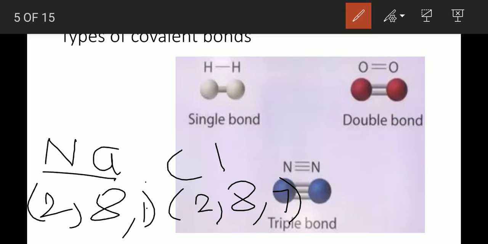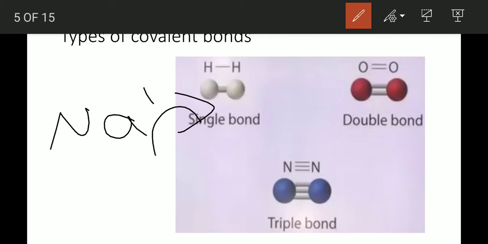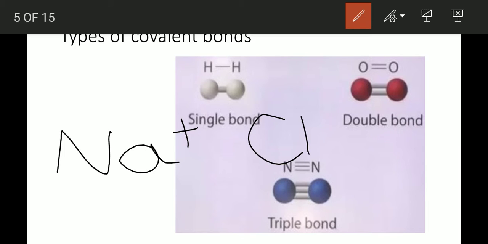Sodium likes to donate one electron, only one, and chlorine accepts one electron. By donating one electron Na becomes Na+, and chlorine, by accepting one electron, becomes Cl-.